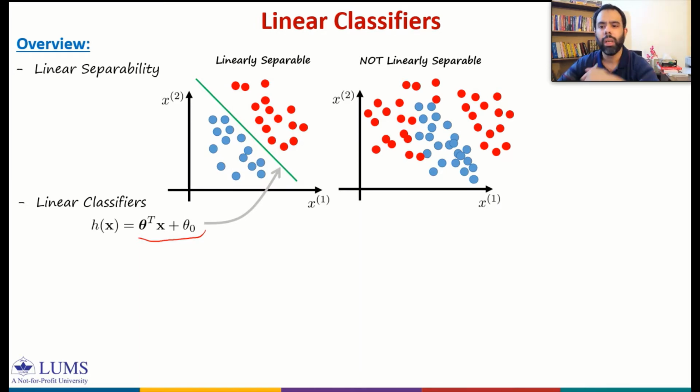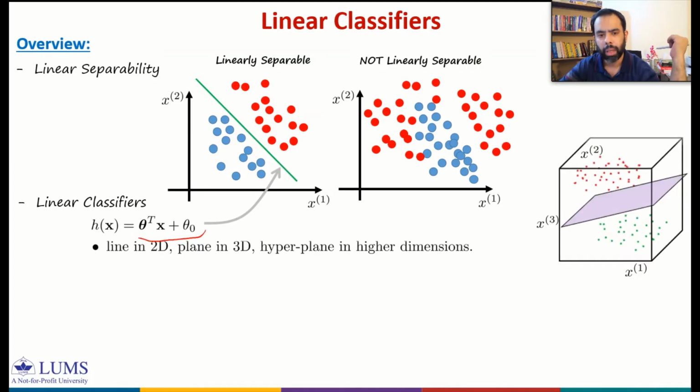If we visualize it in two-dimensional space, it's a line; it's a plane in three-dimensional space; and in higher dimensions, we call it a hyperplane. For example, in three-dimensional space, we can have linearly separable data and a two-dimensional plane that separates the two classes.